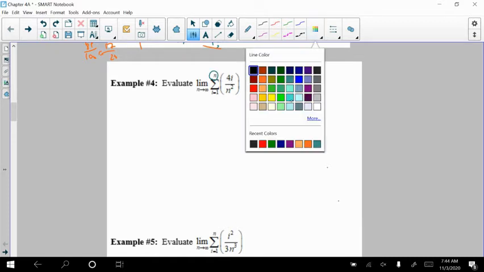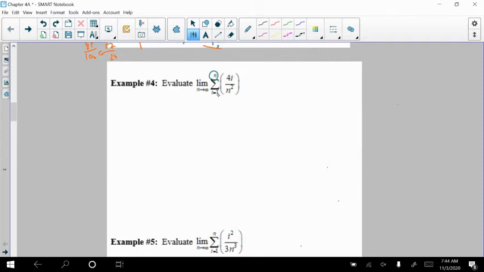I know that i is my counter and n squared is a constant. So this summation, i equals 1 to n, of 4i over n squared is really 4 over n squared times the sum of i, because 4 over n squared is just a constant.